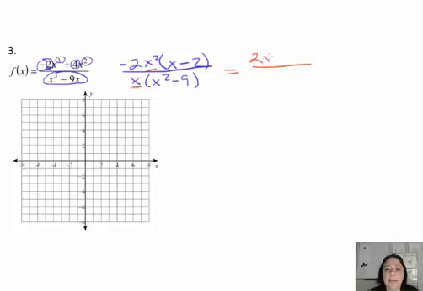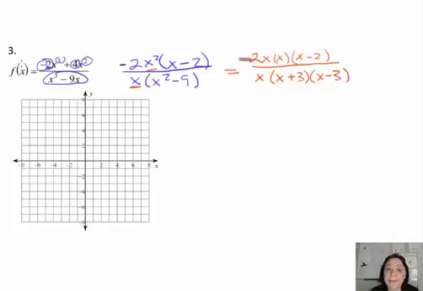So I'm going to have 2x times x minus 2 in my numerator, having separated out an x here so I can see my common factors. And in my denominator, I have x times x plus 3 times x minus 3.